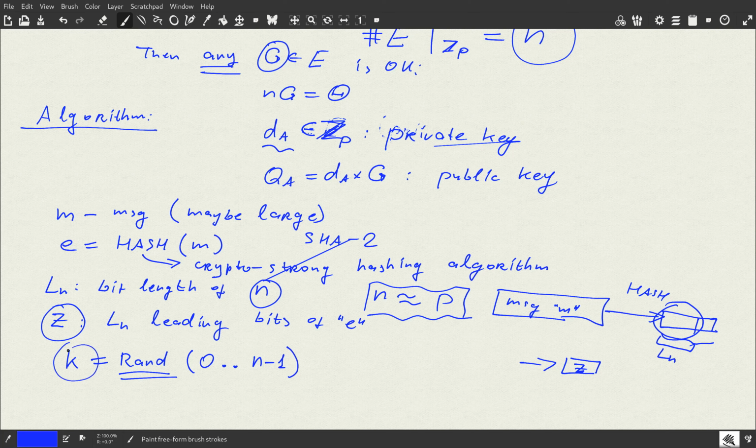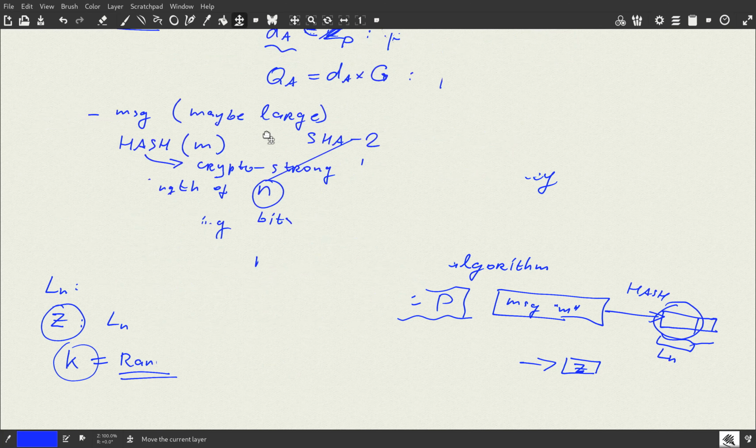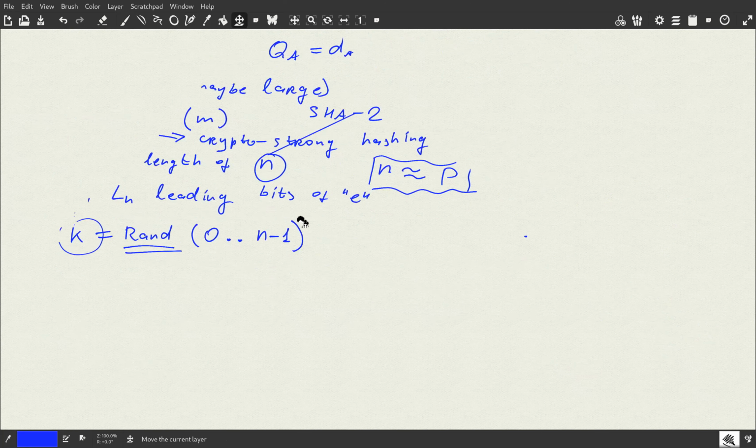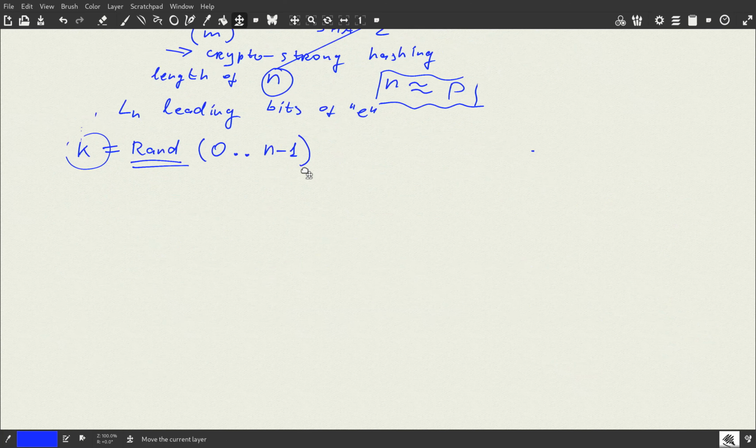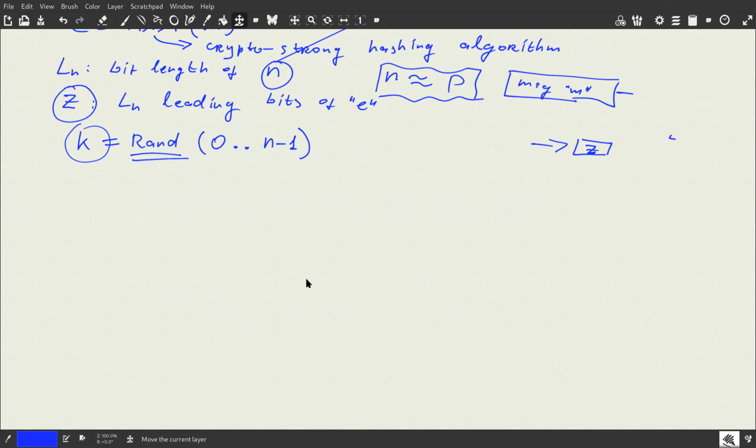A number of badly designed algorithms were broken when k was not random enough, or indeed in one very particular implementation for Sony PlayStation, it was a constant. Although this constant was not known and it was deeply embedded in this cryptography software, it was very easy to reconstruct it, as I will show. But now we say it is random.